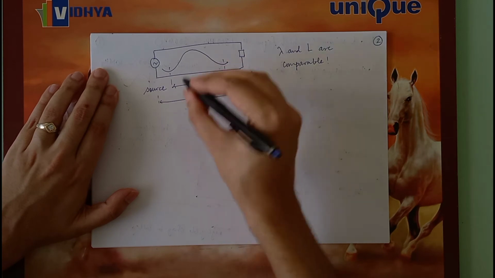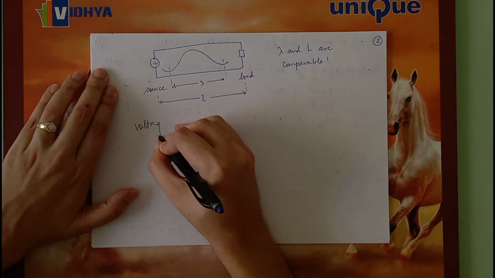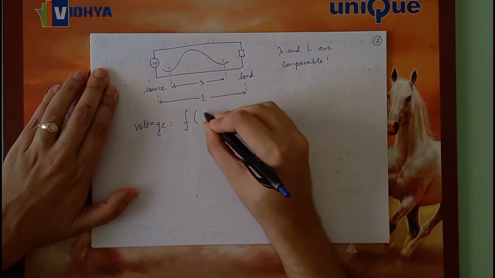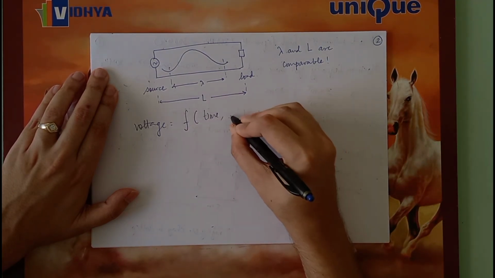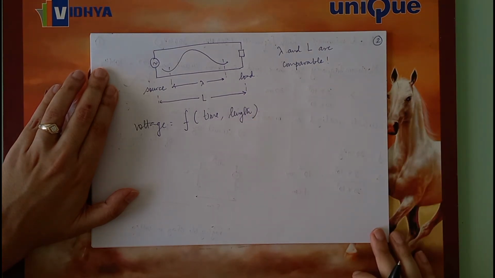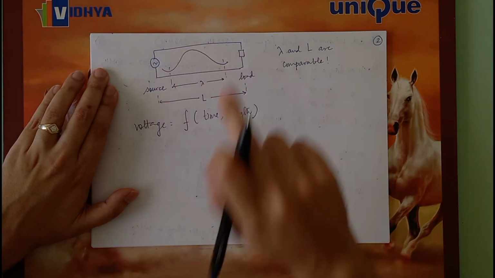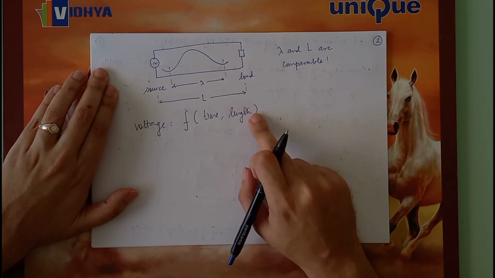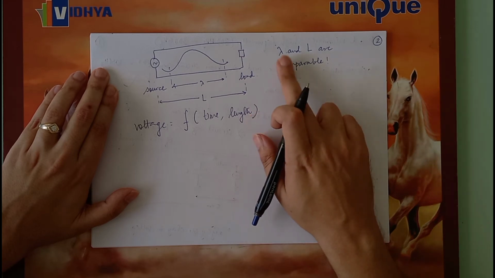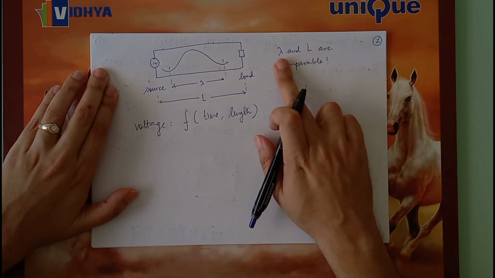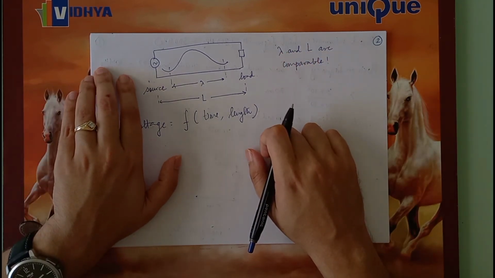So therefore, the voltage is some function not just of time but of length also. That means it is a function of time because it is a sinusoidal signal, but it is a function of the length or the position also, because the wavelength of the wave is comparable to the length of the circuit.